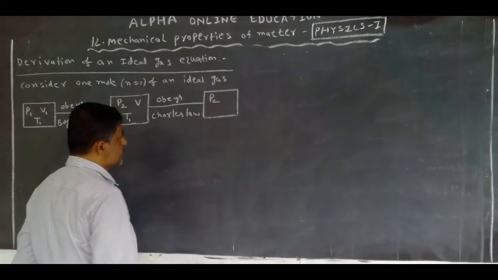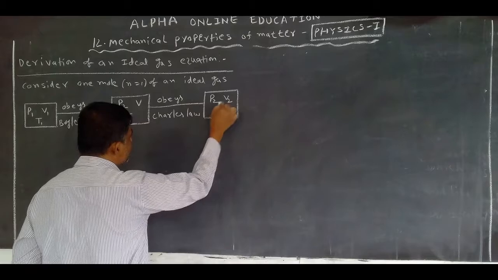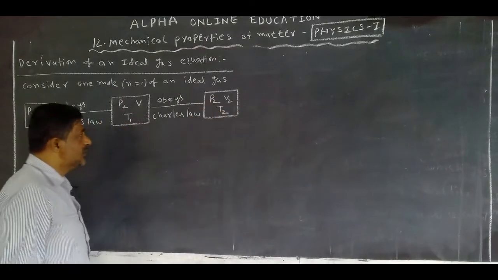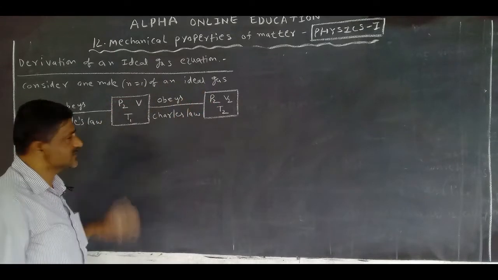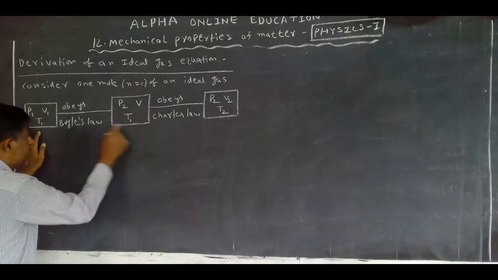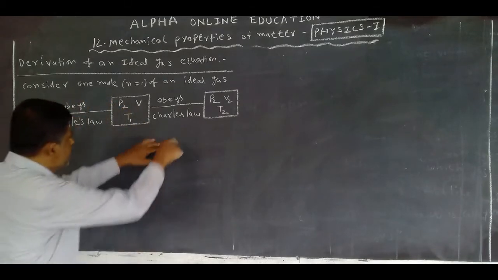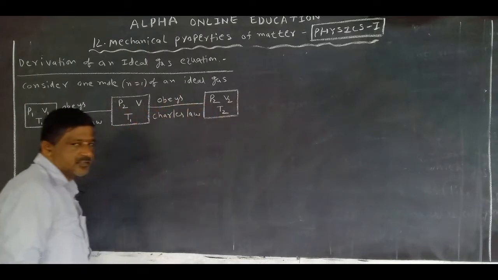At constant pressure, volume of the gas, let us take V2, is directly proportional to temperature. So here volume changes, temperature changes. In Boyle's law, temperature is constant, but pressure and volume are changing. But in Charles law, pressure is constant, but volume and temperature are changing.